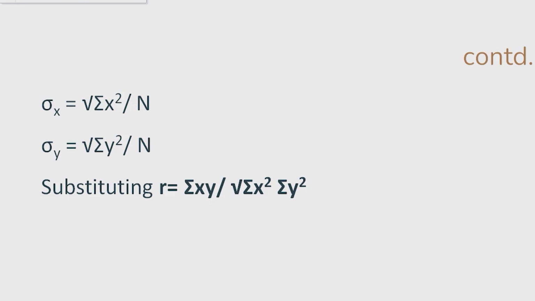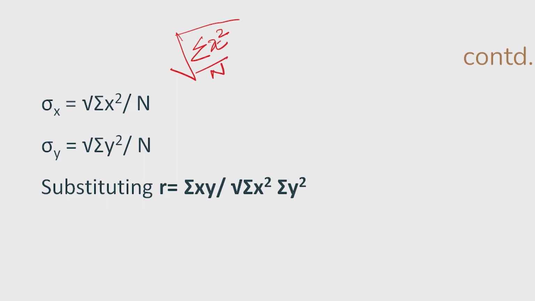It is again, you can see, an under root. So this is an under root of summation of x square, which is your deviation square, upon n.